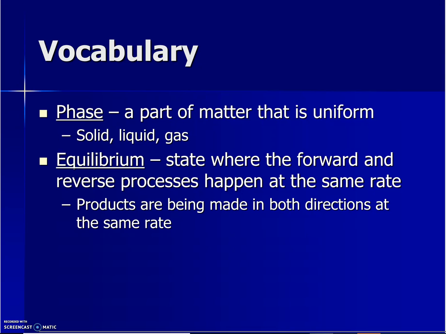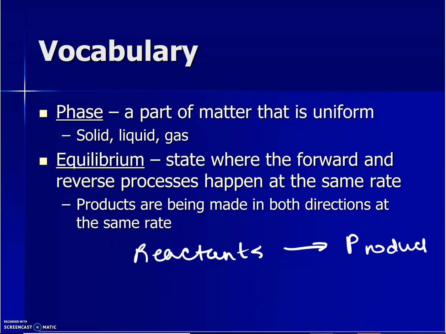Also, another vocabulary word that you need to know is equilibrium, and that's the state where the forward and reverse reaction occurs at the same rate. And up until now, we've had reactants on one side going to the products of the reaction on the right-hand side.